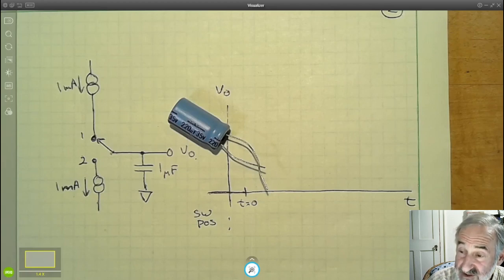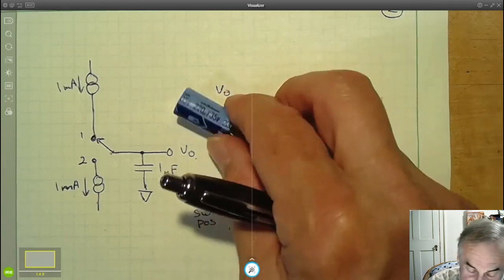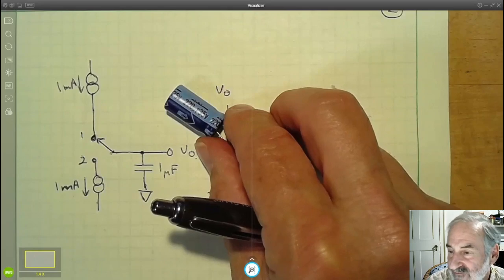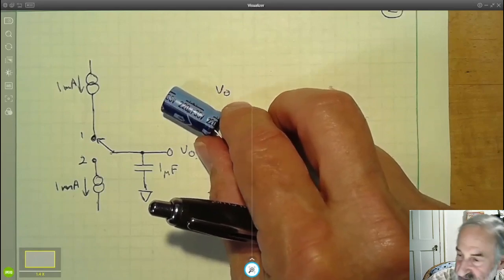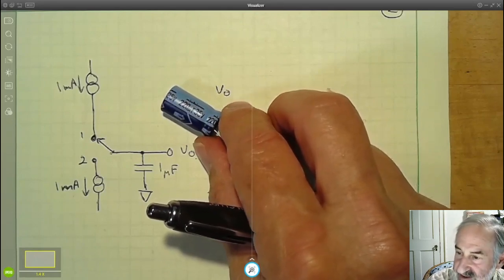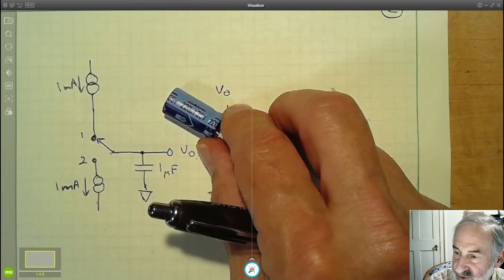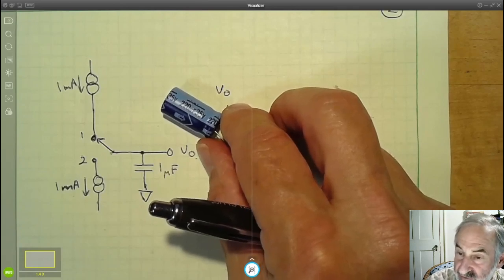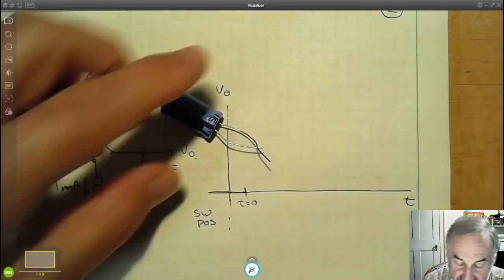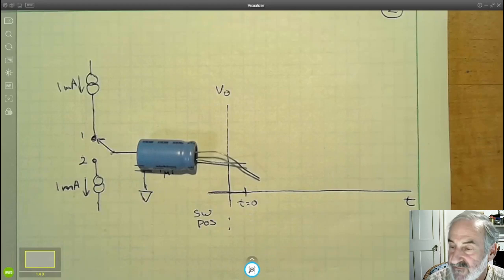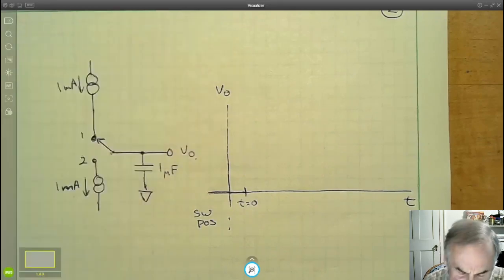Well, the answer is any voltage between 0 and 35 volts. How do I know that? Well, I can't apply a negative voltage to this capacitor. Electrolytics don't work negative. And I shouldn't apply more than 35 because it's not guaranteed to work. But if I were to apply any other voltage and remove the leads and then show you this capacitor the way I did, there would be no way to know what value this has. So I have to always specify an initial condition.